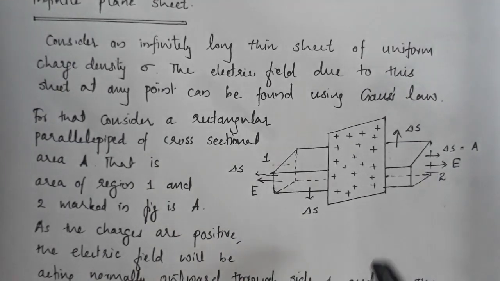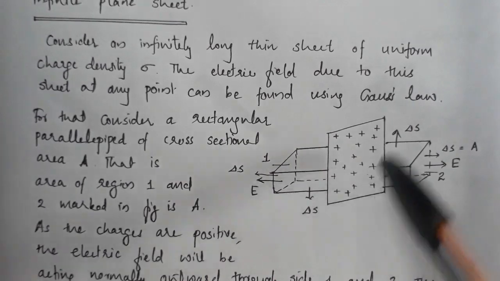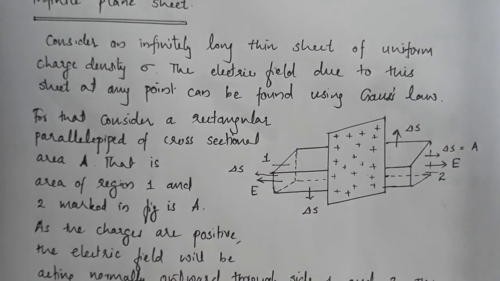So in those situations, electric field and area vector will be perpendicular. So the flux through this upper surface, lower surface, and of two opposite sides, flux will be 0, as E and delta S are perpendicular. Electric field and area are perpendicular in all the sides except these two. All those sides flux will be 0.